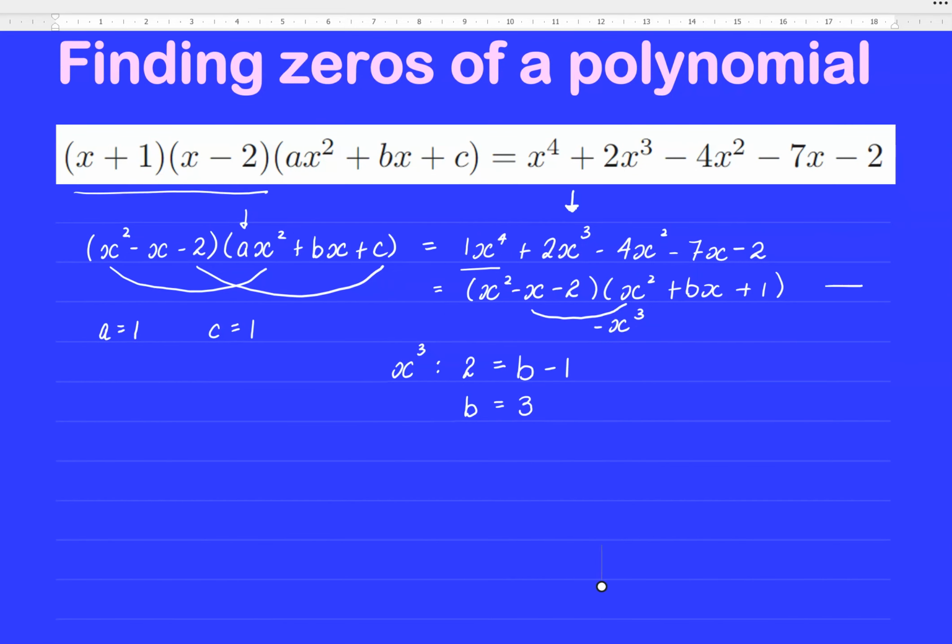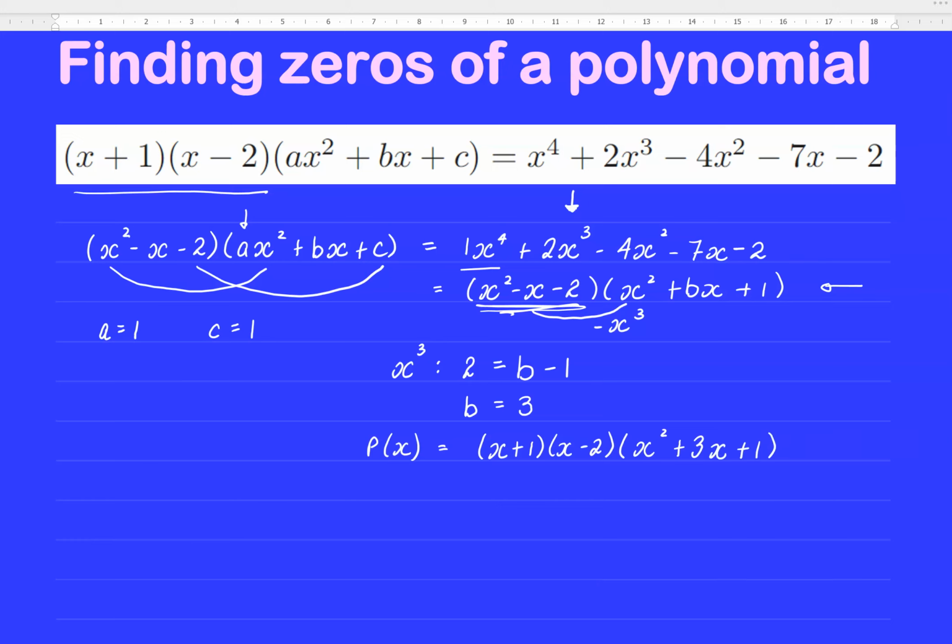If we go back to this state here, we can now say that our quartic is now factorized to be, going back to what we had at the beginning, x plus 1, x take 2, and my quadratic factor is x squared plus 3x plus 1.